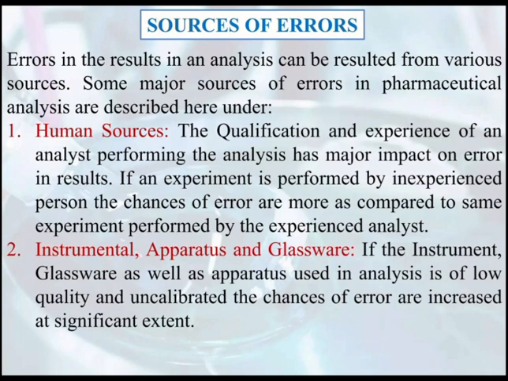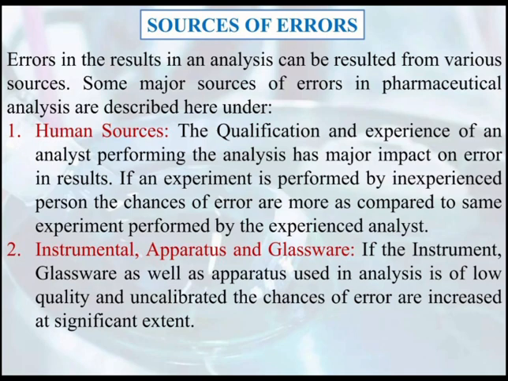Because the junior analyst doesn't have sufficient knowledge about how to perform or handle the experiment without any type of errors. Eliminating the error in an experiment is completely impossible, but it is possible to minimize the error.